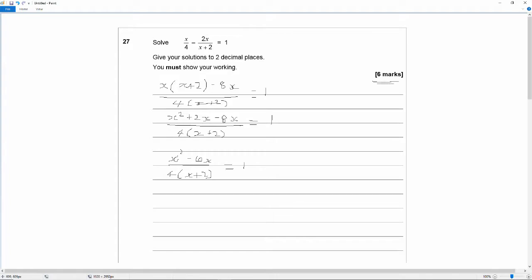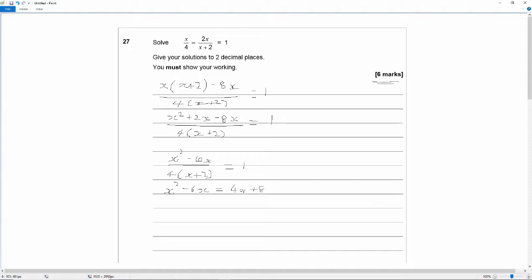So if a fraction is going to be equal to 1, then the numerator must be equal to the denominator. So x squared minus 6x must be equal to, and I am going to expand out the brackets now because I'm bringing them up to the numerator, so that's 4x plus 8.